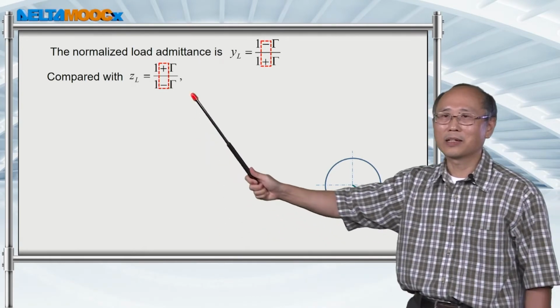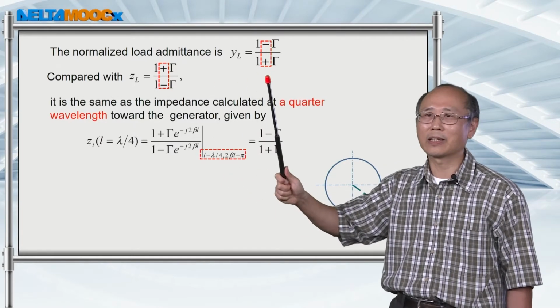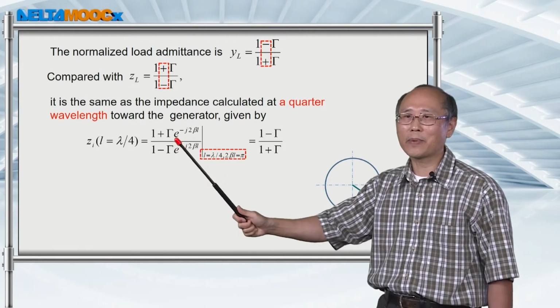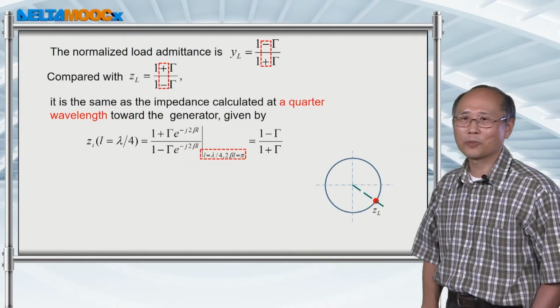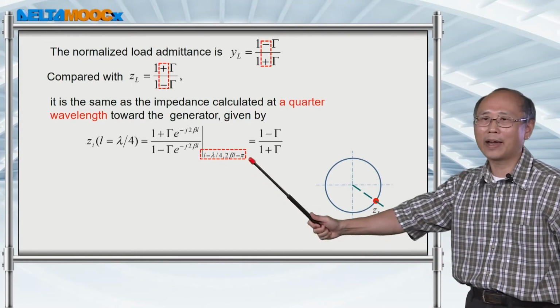If you want to convert this expression to this exactly, then what you can do is move the gamma value on the Smith chart by an angle equal to pi.